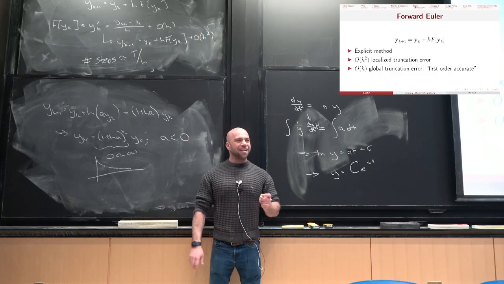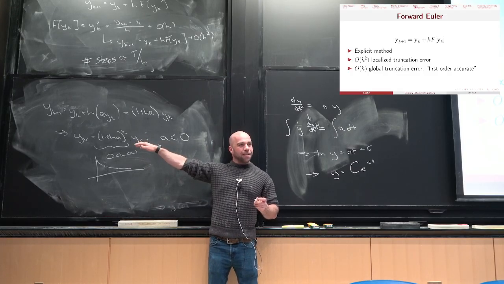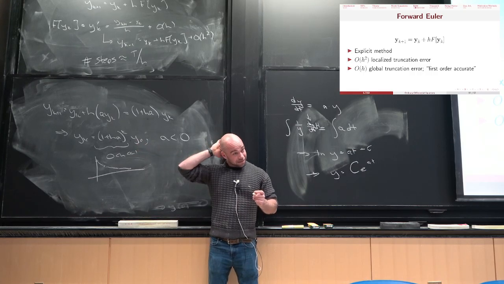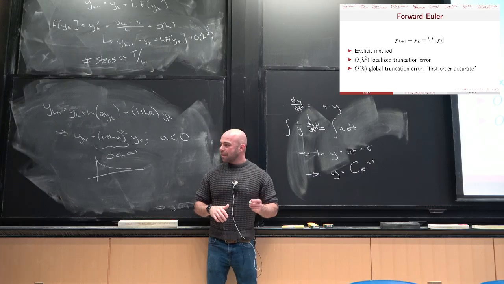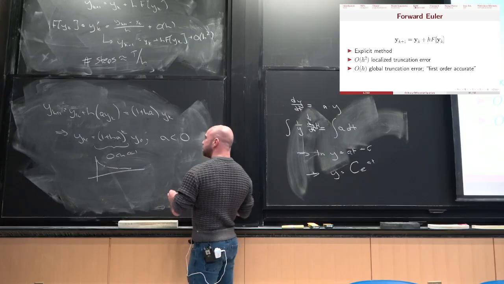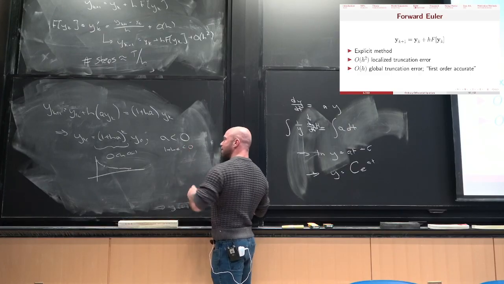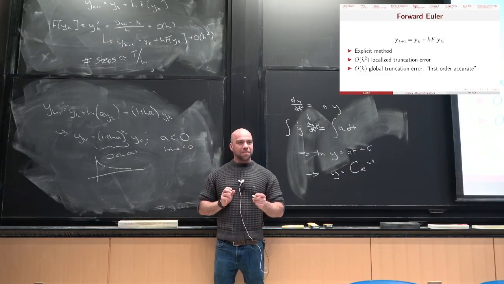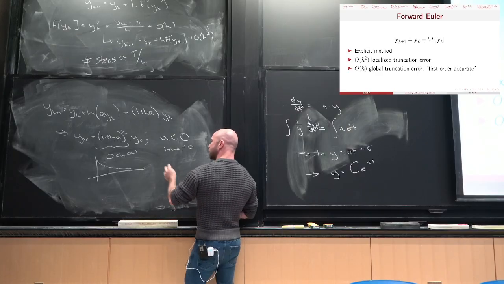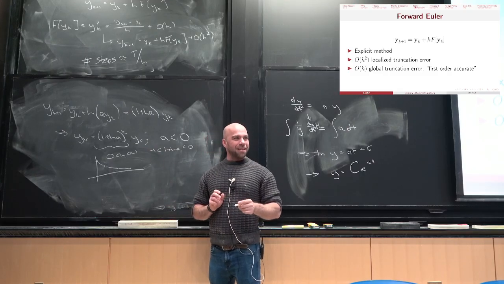What could go wrong? By the way, this is again for a less than 0, so there's a bit of a sign thing you have to think through. Let's say h gets bigger. If h gets really big, do we get to a point where we're less than -1 and it just blows up? Yes, in fact, here's an interesting thing. Let's say that I take h big enough that 1 plus ha is actually less than 0. It could be that this value is also greater than -1. That's a medium scale h.